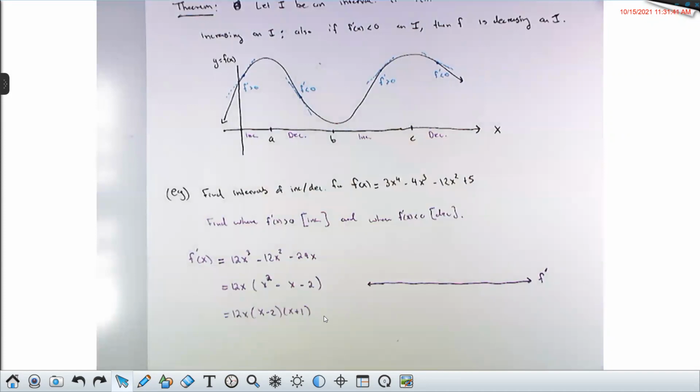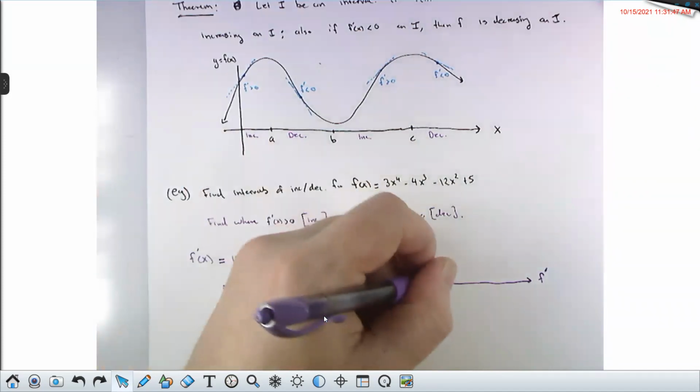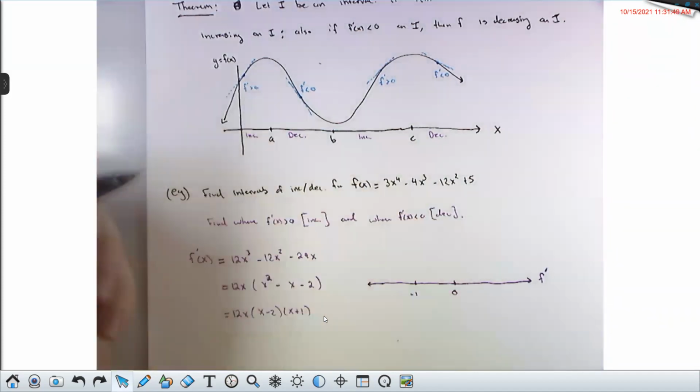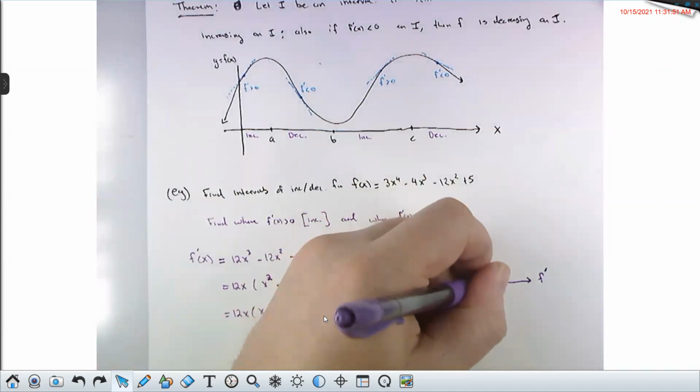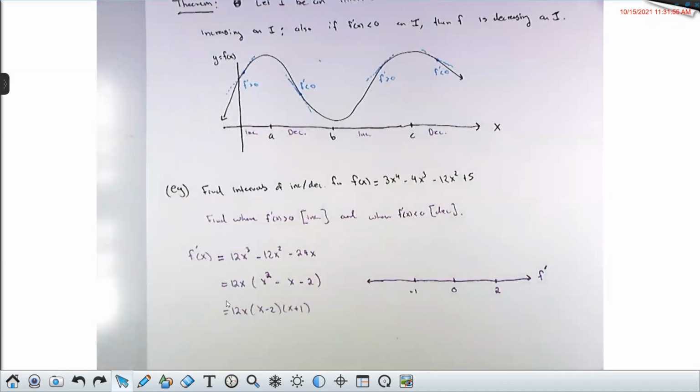This is f prime. I have here -1, 0, and +2. These are the places where f prime is equal to 0. F prime is never undefined. So these are the only places where f prime can change sign.